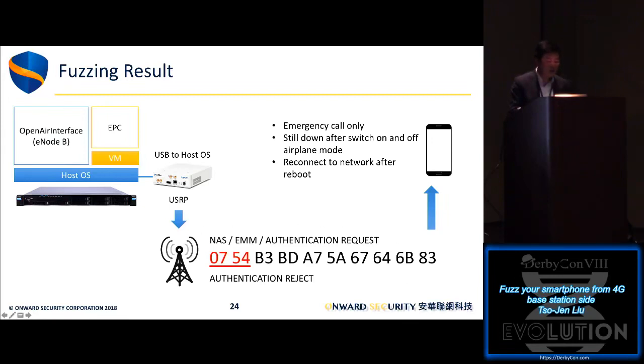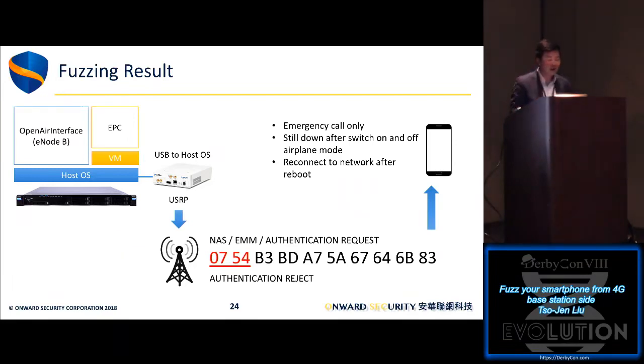Once the device receives this kind of request, the cell phone will not connect to the network anymore. You can only see the emergency call on your cell phone. Even if you switch airplane mode on and off, it still does not reconnect to the network. You have to reboot your cell phone and then it will reconnect.